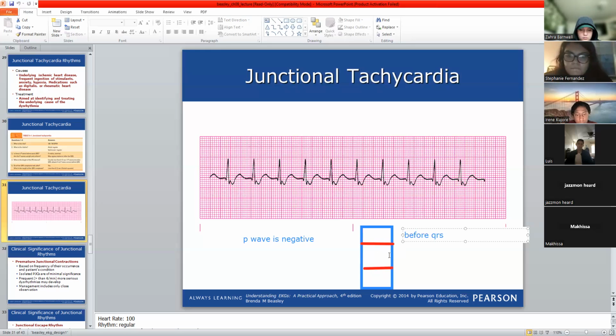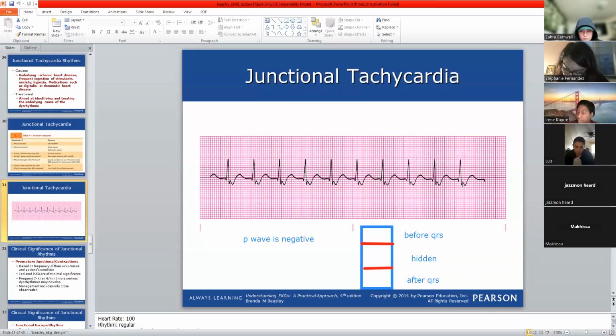If it comes from the middle third, it will be hidden. If it comes from the lower third, it will be after the QRS. So please take notes about this information. It will make it much easier to understand.